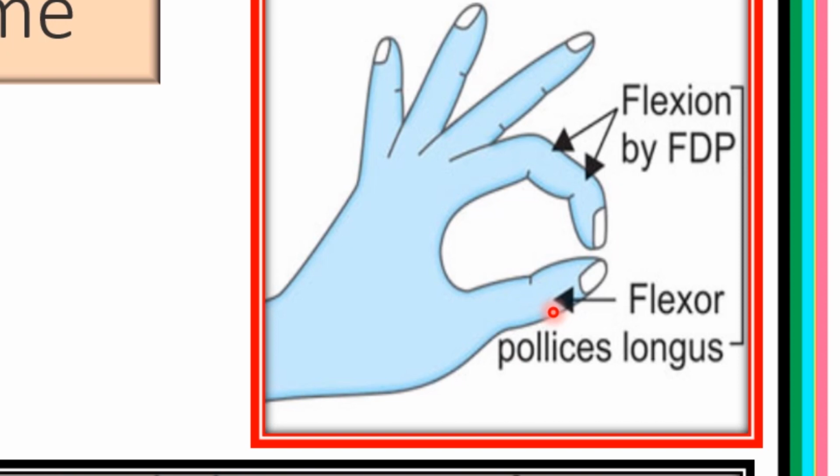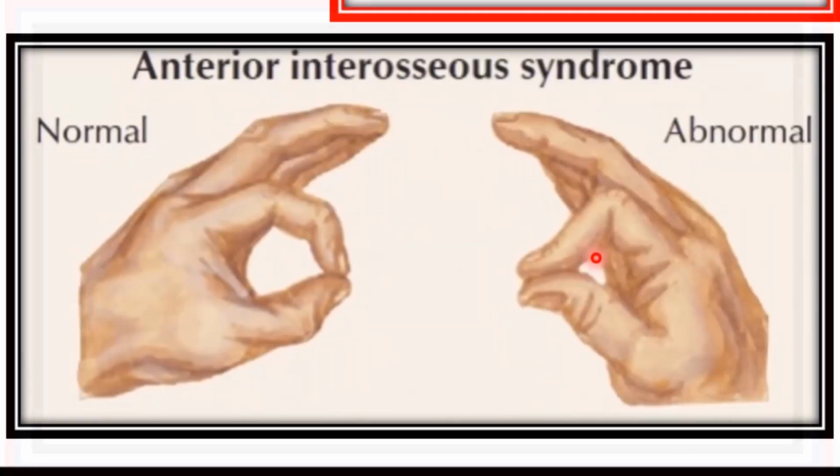So when we have anterior interosseous nerve syndrome, these muscles will not be able to function, and this patient will not be able to make this OK sign, and then we'll end up doing what looks like this.